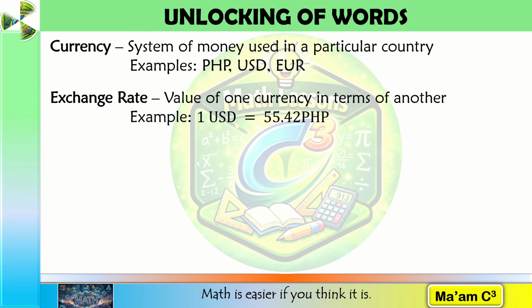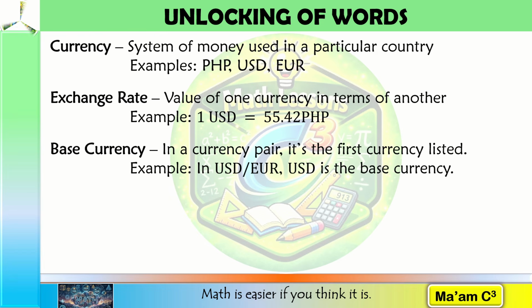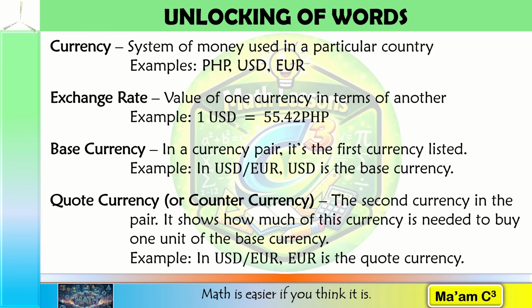Now, let's talk about the base currency. In a currency pair, the base currency is the first currency listed. For example, in USD/EUR, the US dollar is the base currency. The second currency is called the quote currency or sometimes the counter currency. It tells us how much of the quote currency is needed to buy 1 unit of the base currency.